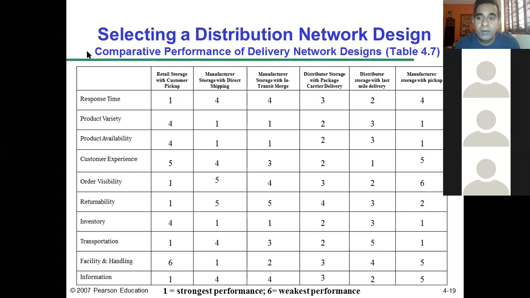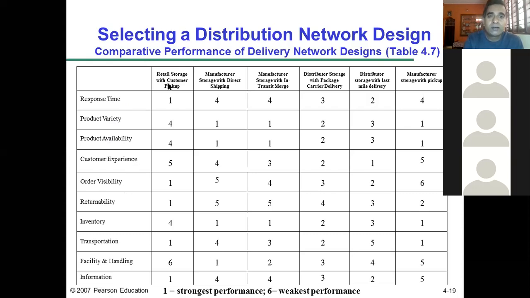Okay, so if you don't have any questions, then I'll go ahead with how a company selects a distribution network design. So we are going to learn about the comparative performance of delivery network designs. Each row represents the performance points like response time, product variety, product availability, customer experience, and so on.